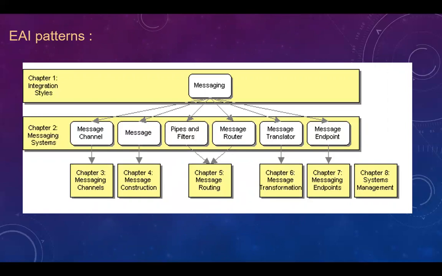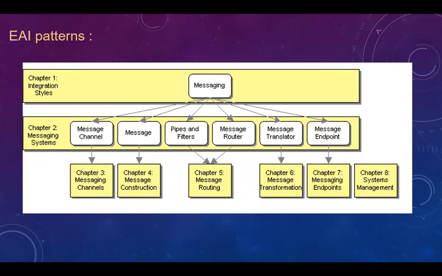So message channel, message, then message router. Pipes and filters is when a message comes in and you want to validate whether it conforms to that particular messaging system. That is called pipes and filters. Some kind of extra validation, I would say. That kind of processing is what we call pipes and filters.